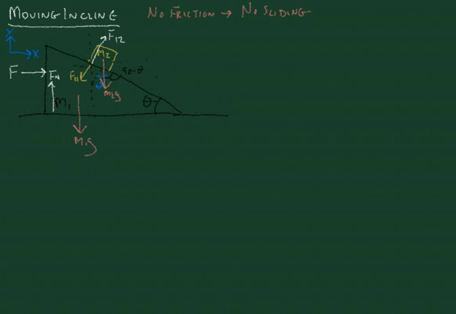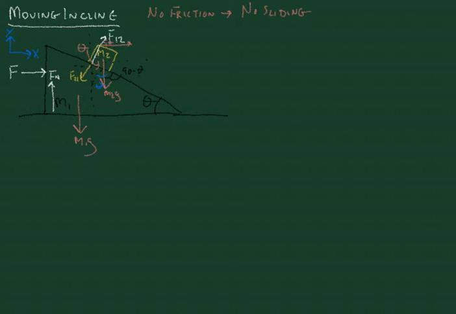So this angle is 90 minus theta, which means this angle here is theta. So if we draw this here, this angle is theta.